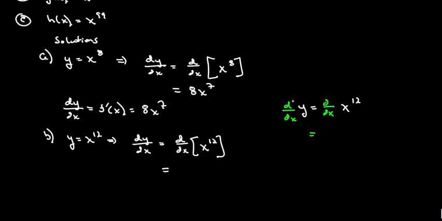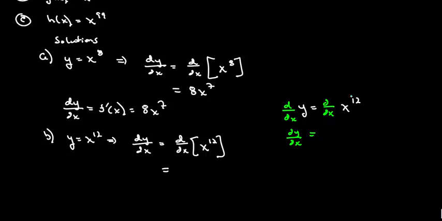And so on this side you can think about it like a fraction. It's not truly a fraction, but you can think about it like a fraction. So d over dx times y would be dy dx, and d dx over this. Now this is an operator here, and that's the part that's confusing, because a lot of students want to say that this is dx to the 12 over dx, and that's not true.